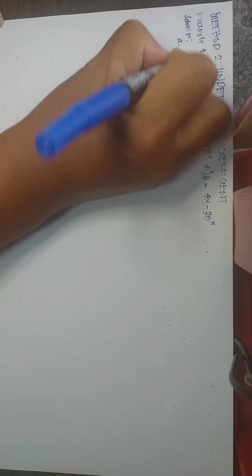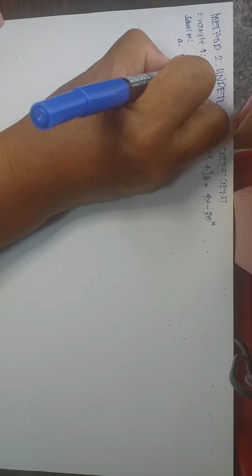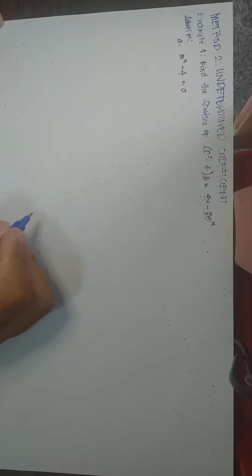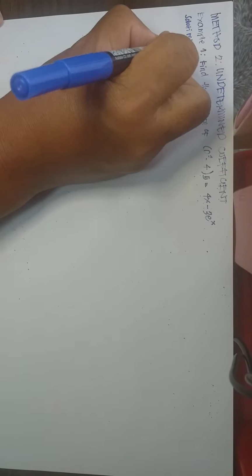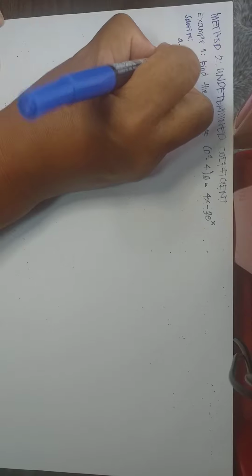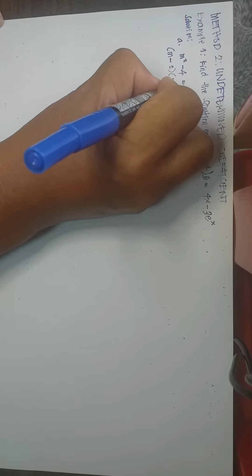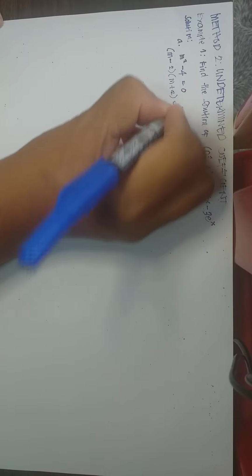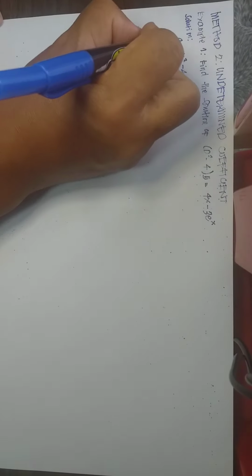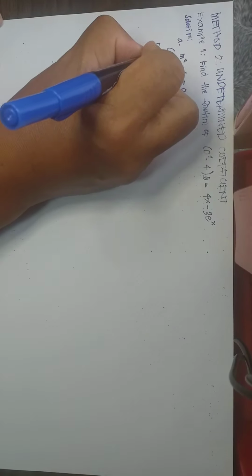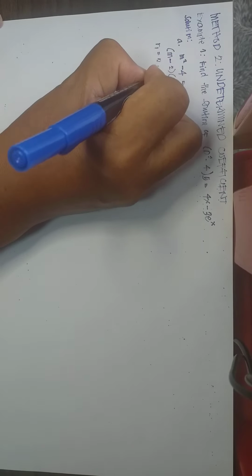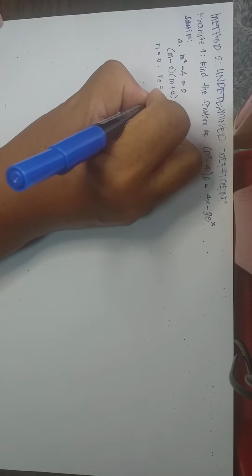That is m squared minus 4 is equal to 0, or this is (m minus 2) times (m plus 2) is equal to 0. Your r sub 1 therefore is equal to 2, and r sub 2 is equal to negative 2.